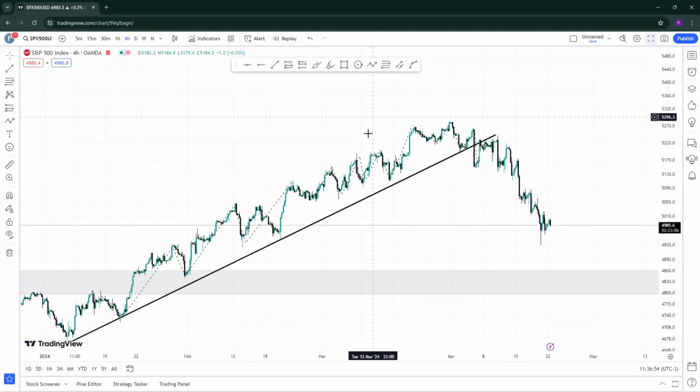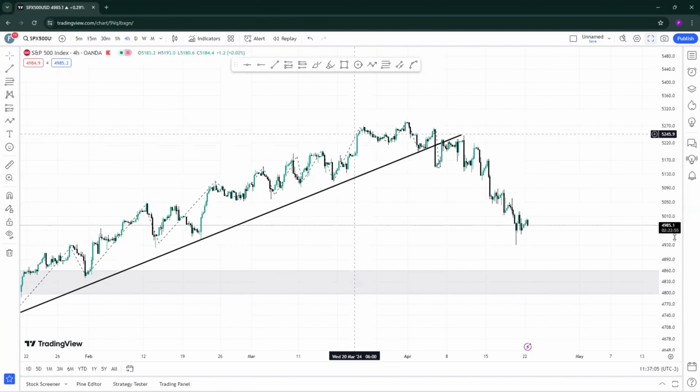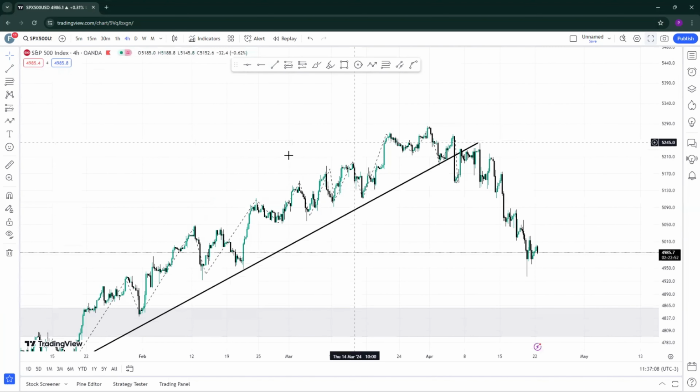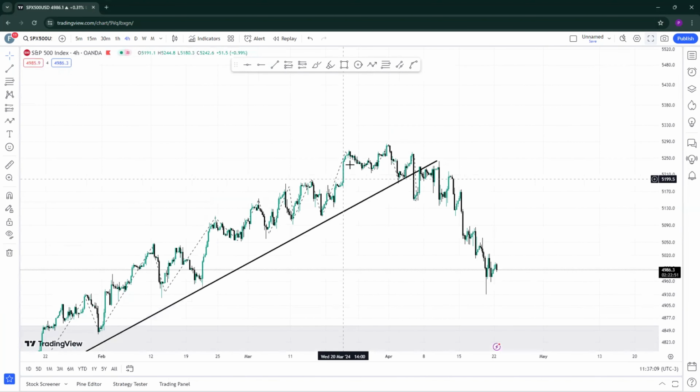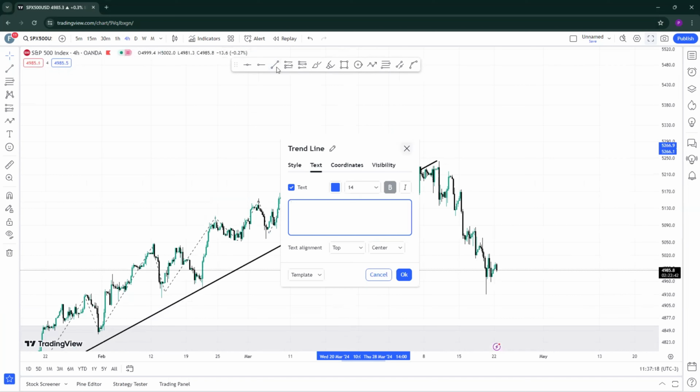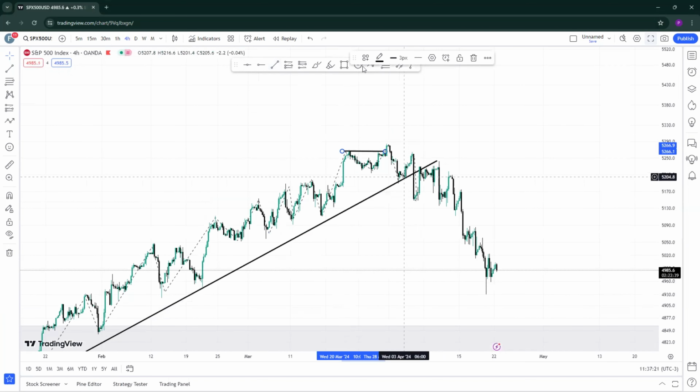The first thing is to identify a double top or a double bottom, or any other chart pattern like the head and shoulders pattern. On this chart, we saw that this previous high was broken, and it made a low again over here, but this high couldn't break the previous high.